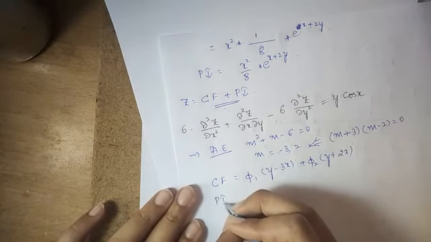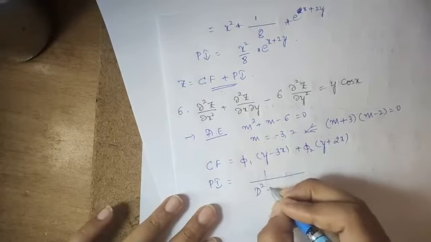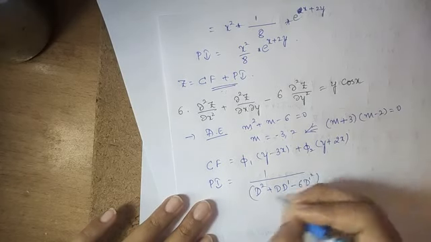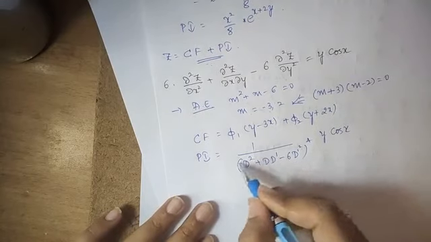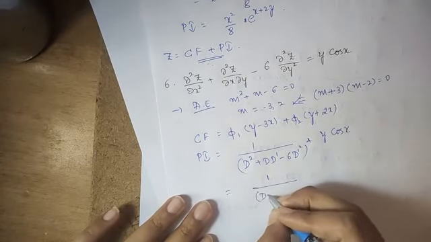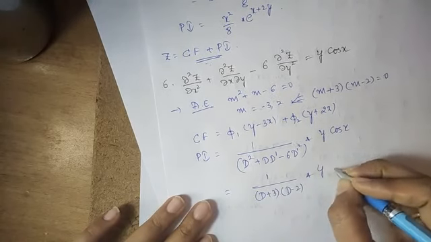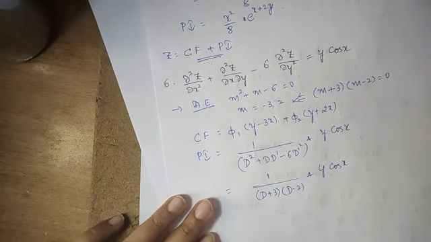So let's find out the particular integral. 1 over D square plus DD dash minus 6D dash square into y into cos x. So I can write this in factorized form, that is D plus 3 into D minus 2 into y cos x. So now I have to find out the particular integral for this.